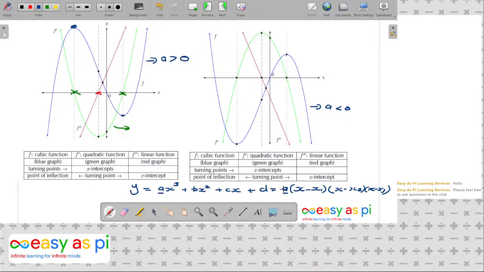Generally, when you're given the roots, you would use the root form, and when you're given the values of a, b, c and d, you would use the other form. If you remember this about cubic functions, you can work out almost any question. So that's a summary.